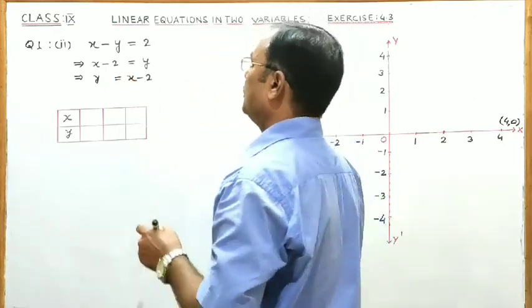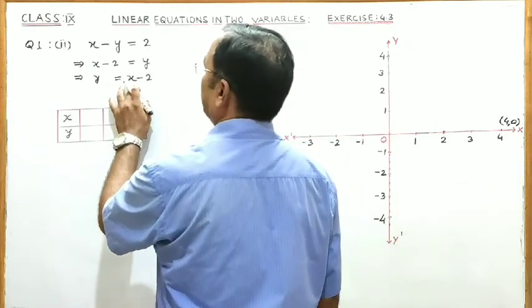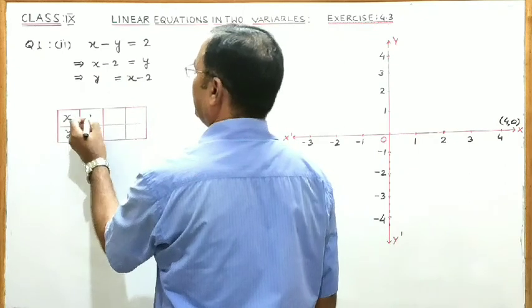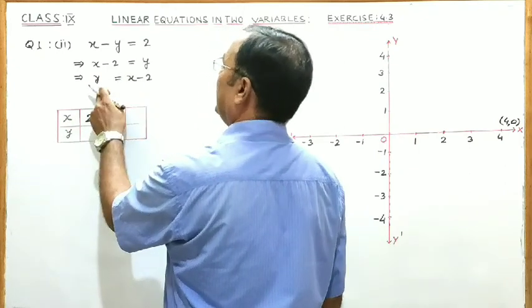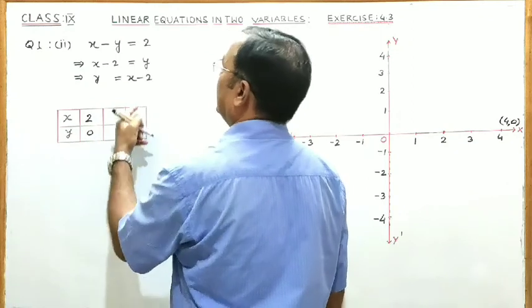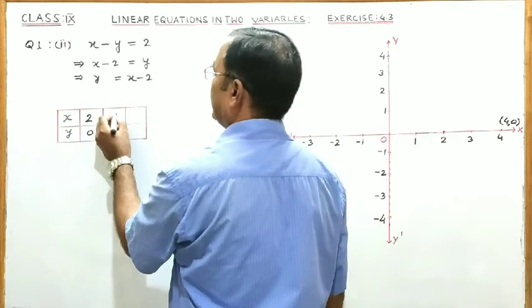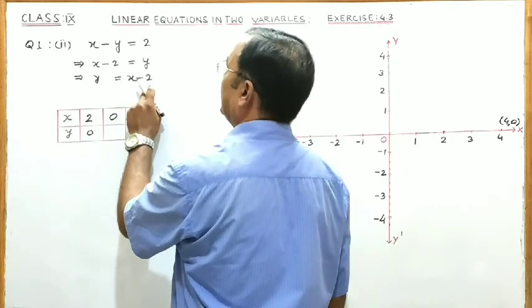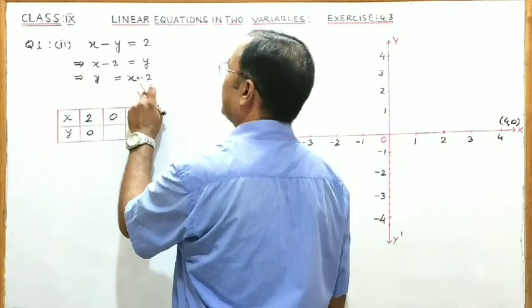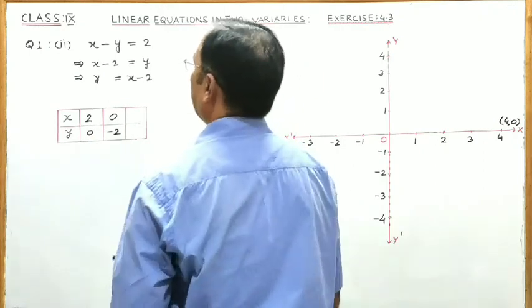Now let us put x equal to 2 in this equation. So when you put x is equal to 2, the value of y you get is 2 minus 2, that is 0. And if you put x equal to 0 in this equation, y equal to x minus 2, so 0 minus 2 is the value of y.